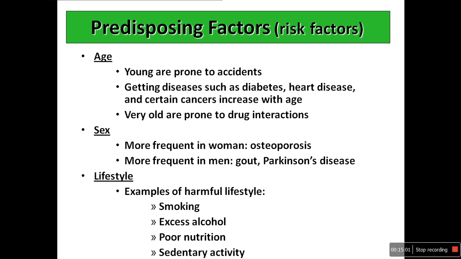Getting diseases such as diabetes, heart disease, and certain cancers increases with age. So as we increase in age, the chance of getting diseases such as diabetes, heart disease, and certain cancers increases.